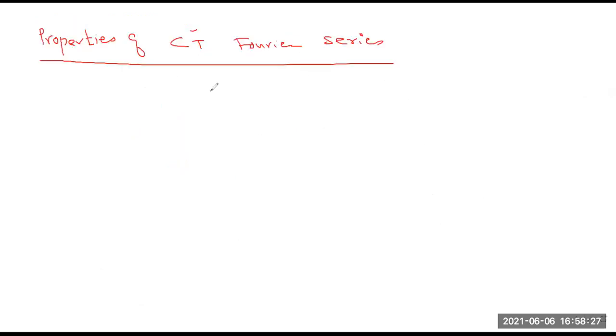So before talking about the properties, let me introduce the notation that we will be using. Whenever we relate a given periodic signal to its Fourier series coefficient, we will use this notation: x of t, and then this double arrow, Fourier series coefficient, and on top of that we will write FS for Fourier series.